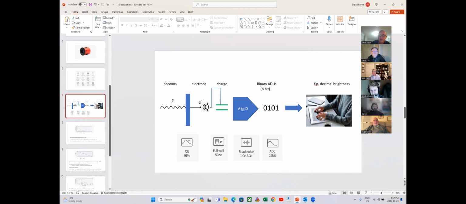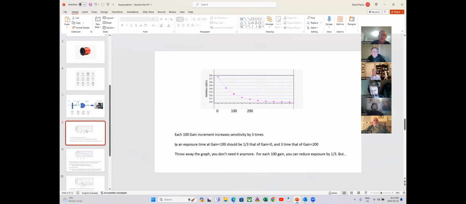And so what that means is, if you go up and read it at a higher gain, say 100 on this camera, you'll see that the answer is roughly 0.24, I think it is, which is really 1/3 of 0.8.